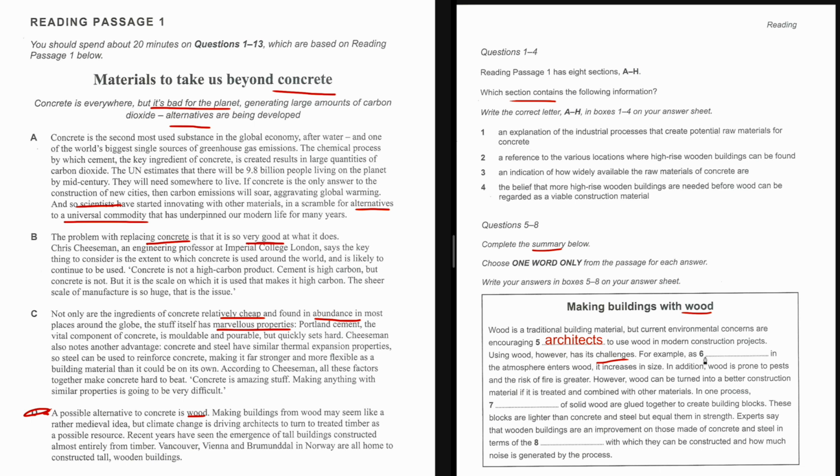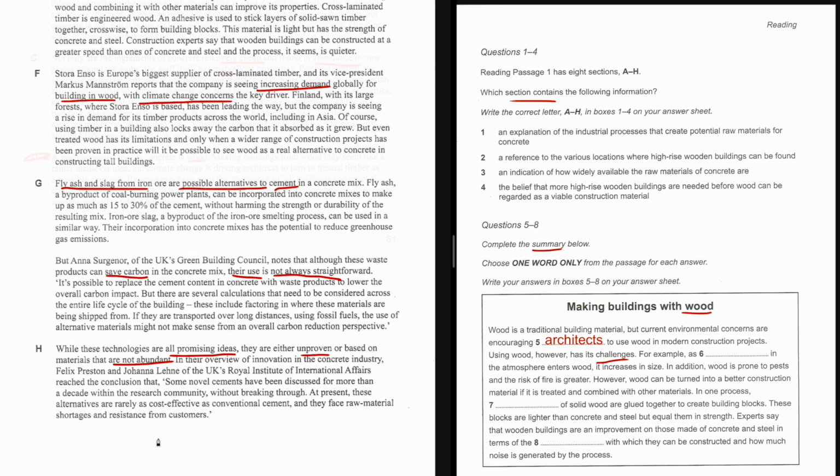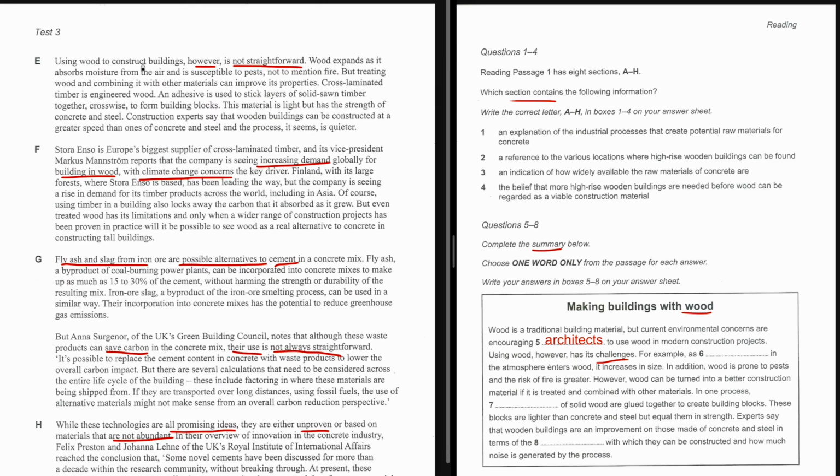And for example, as moisture in the atmosphere enters wood. There are some challenges. What are the challenges? However, it's not straightforward, so that's the challenge. Wood expands as it absorbs moisture from the air.